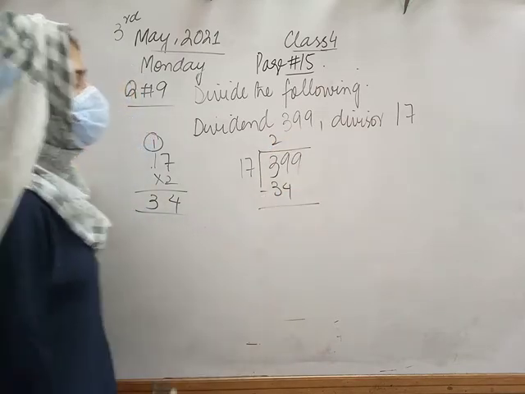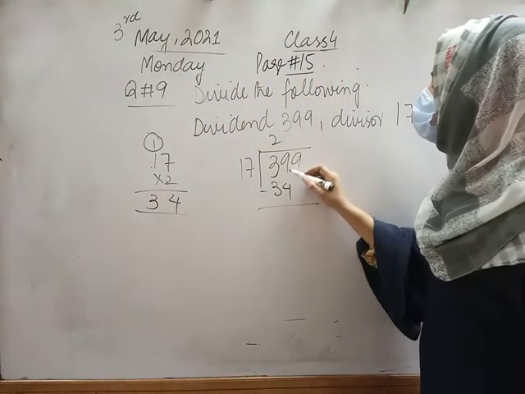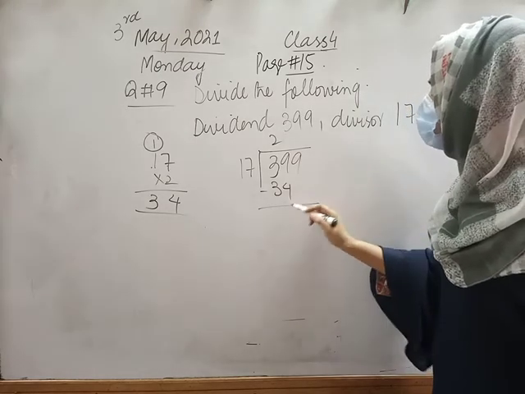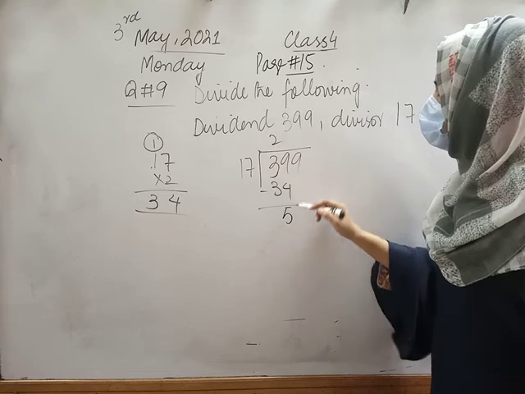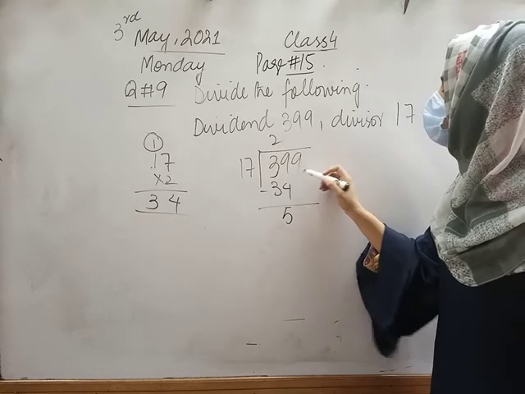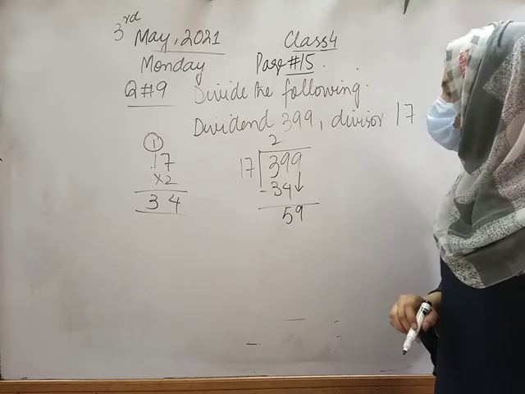Okay. The next step of division is to subtract. हमने क्या करना है इसमें से subtract करना है. So 9 minus 4 is 5. Now if you look class, this 5 is smaller than 17. So I will bring this number down here.